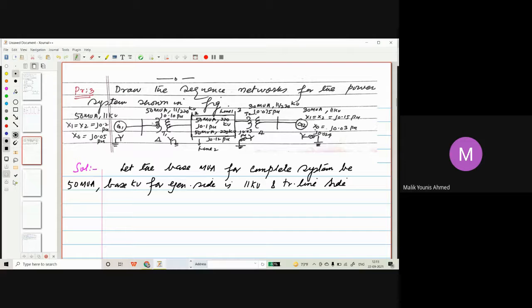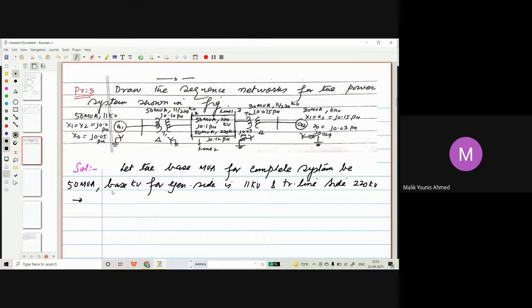You can use the base value multiplied by secondary by primary, and then you get 220. So I'm writing all these things, how to do the per unit values. Transmission line side 220 kV. Number one, we will bring them on the common platform.